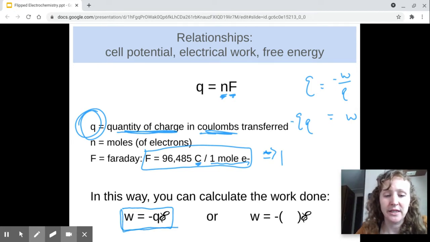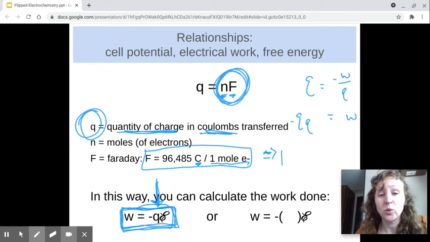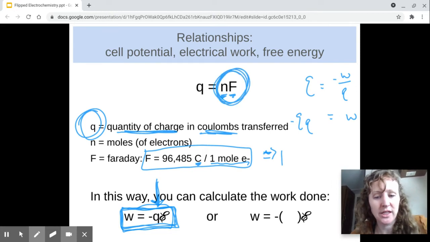So that's what we're seeing down here. Okay, so if I have this equation in terms of work, I can plug in this idea of what Q is into my equation and get work equals negative NF of E.